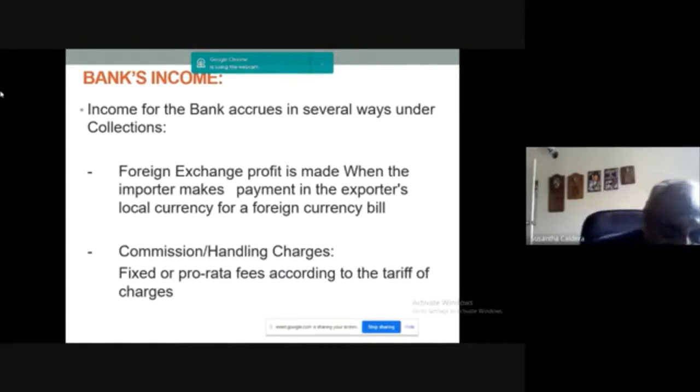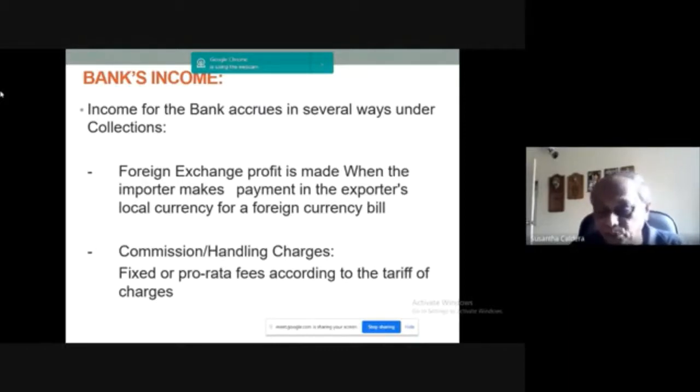When you receive a collection order with the bills and you are doing the payment, you have to convert rupees to the foreign currency.